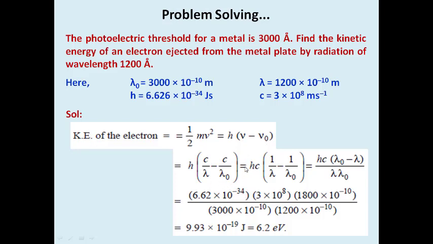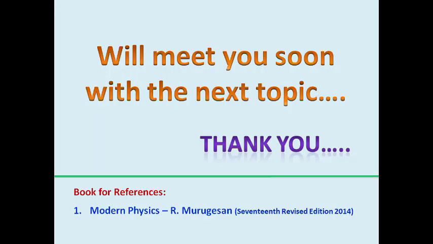Once you substitute all the values, the kinetic energy of the electron emitted by the metal plate with respect to the exposure of wavelength 1200 angstrom is equal to 9.93 times 10 to the minus 19 joules, or 6.2 electron volt. Correct. So these are the two simple problems you may expect in your examinations regarding the topic we discussed today. Thank you.